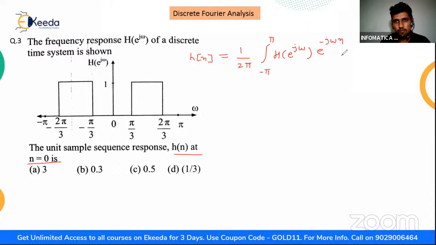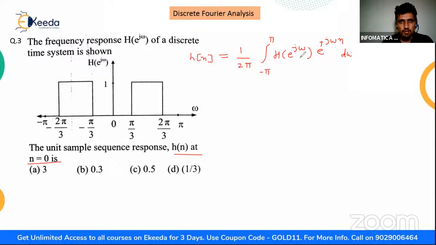Integration with respect to omega; this is the discrete time Fourier transform. Sorry, this is plus e to the power j omega n, because this is basically the synthesis equation. This is positive, and in the analysis equation we use the negative, when we want to calculate this to analyze the frequency domain.